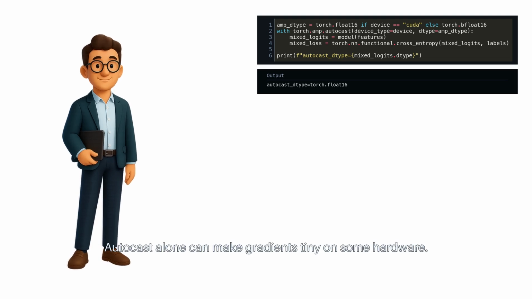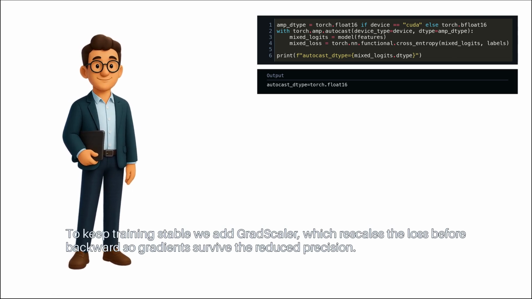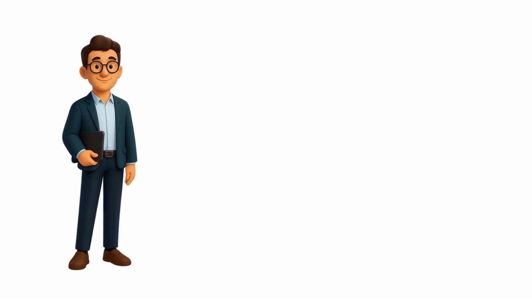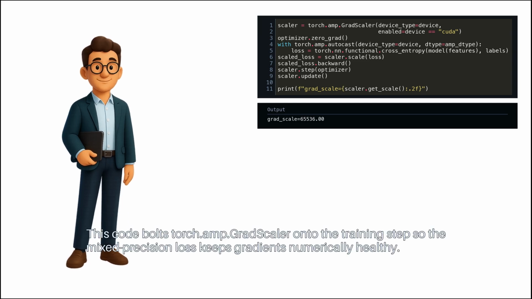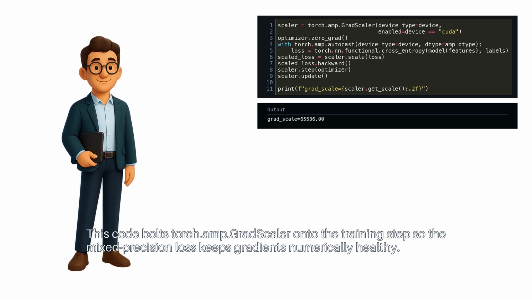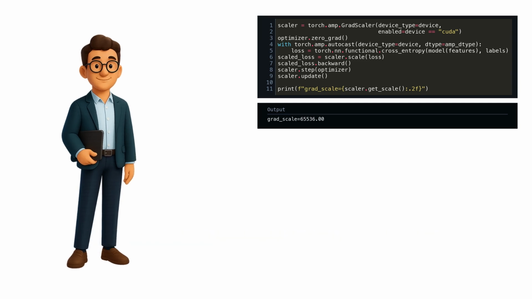Autocast alone can make gradients tiny on some hardware. To keep training stable, we add GradScaler, which rescales the loss before backward, so gradients survive the reduced precision. This code bolts torch.amp.GradScaler onto the training step, so the mixed precision loss keeps gradients numerically healthy.